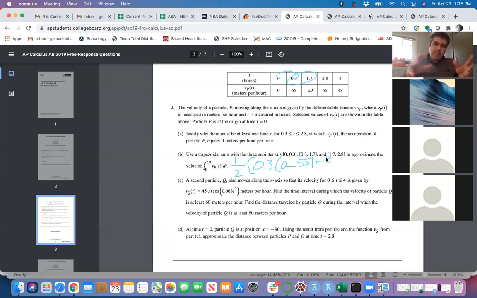So you have to do 1/2 times b1 plus b2 times h, and that's going to be 55 plus -29. Plus, the last interval has a width of 1.1, -29 plus 55, which is the same pair as before.